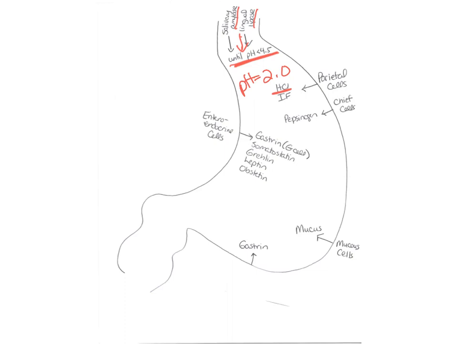And then pepsin can be activated at this point. So pepsinogen becomes pepsin. Pepsin then, at that lower pH level, can start breaking down proteins into smaller peptides and polypeptide chains, which can then be broken down into amino acids in the intestines, and then they can be absorbed in the intestines.